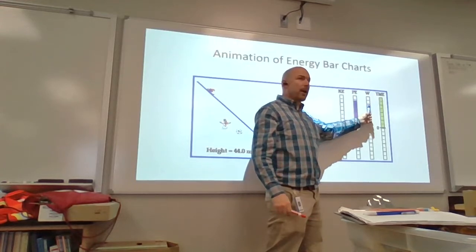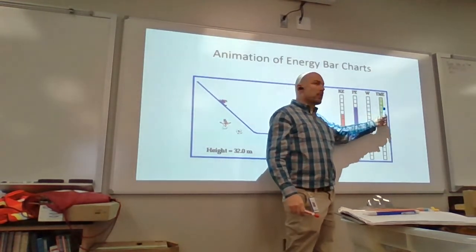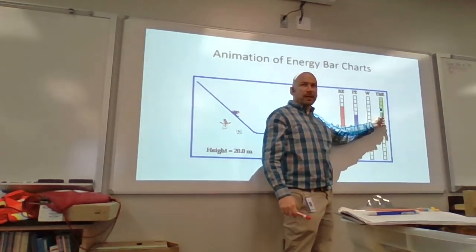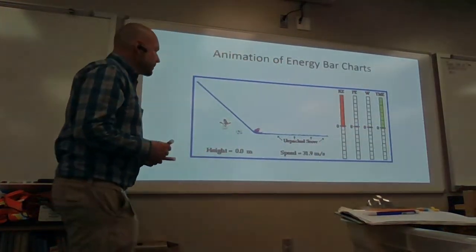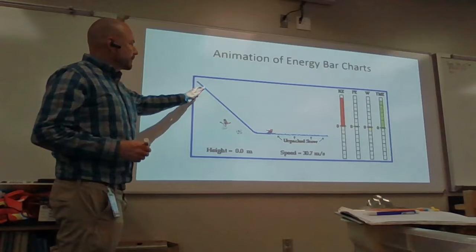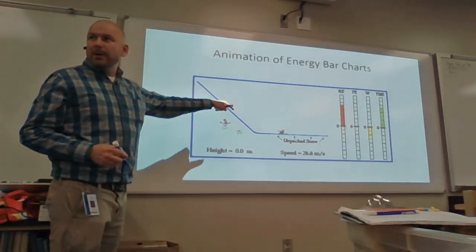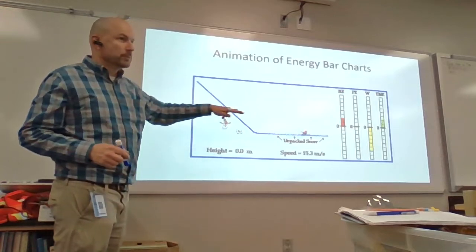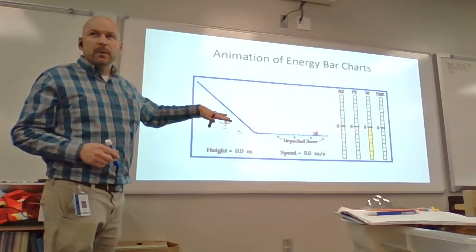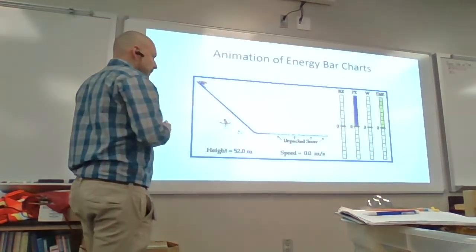This is showing work done by non-conservative force. And this is showing total mechanical energy. Okay. Initially, the skier is going down an icy embankment, no friction. And then they go through some fluffy snow, and there's friction there.